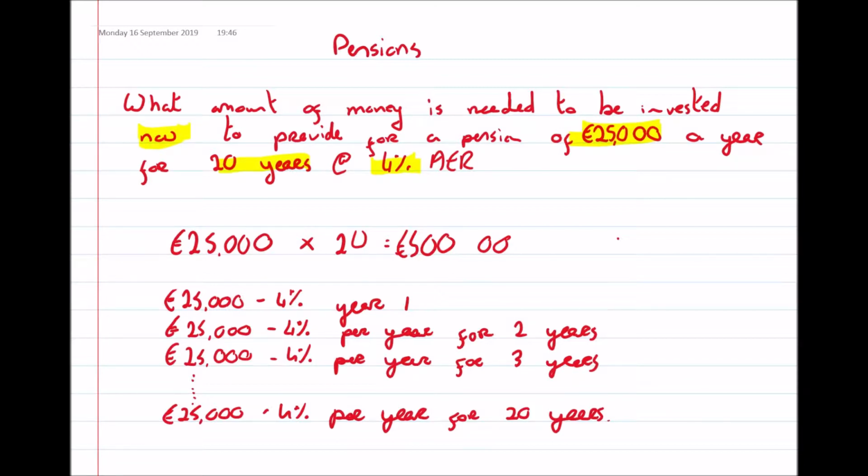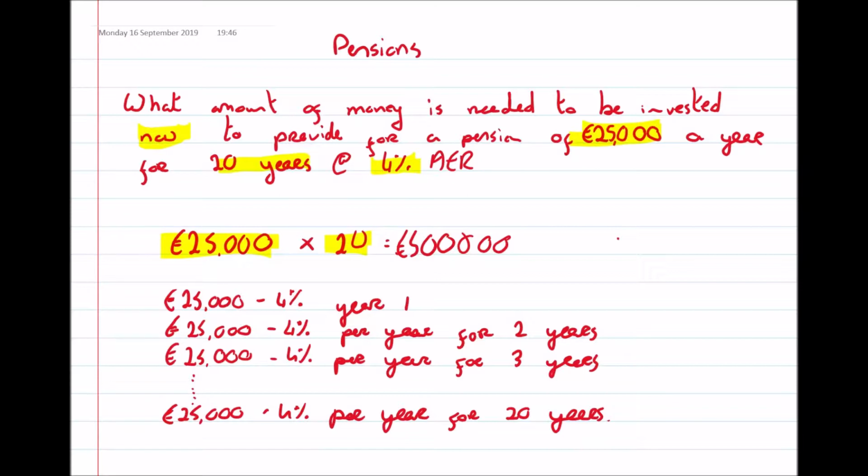Now you might be thinking, well, we want €25,000 a year, we want it over 20 years, so that must mean that €25,000 multiplied by 20 is €500,000. And that would be correct if we ignored the interest we're going to make on that money when we invest it.